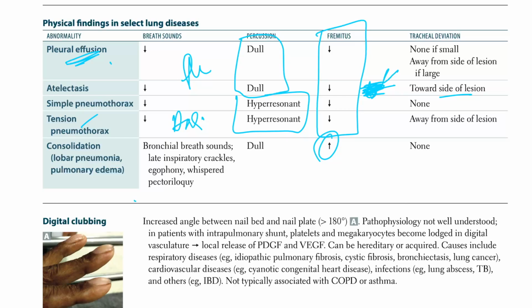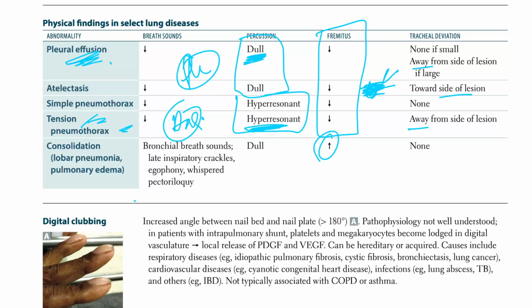While in the fluid or in the air, you just have away from the lesion. The only way that you're going to know if it's fluid or air is whether it's a dull percussion or a hyperresonant percussion. If it's a dull percussion, you're looking at pleural effusion, which is fluid. If it is air, then you are looking at tension pneumothorax with a hyperresonant percussion.